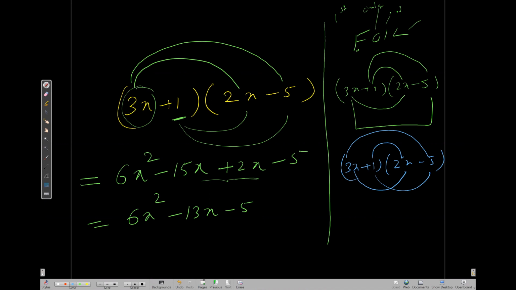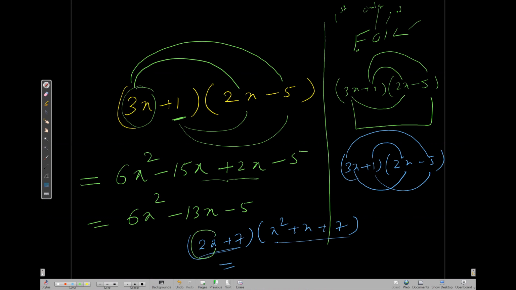But if you have 3 terms, how about this? Without actually doing it, can you tell me how many terms you will have when you distribute it? Here 2, here 3, so you are going to have 6. Do you understand that?